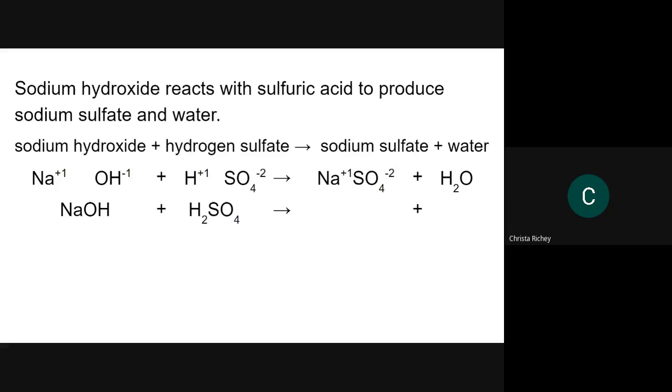Once again, you only need parentheses on a polyatomic if there's more than one. What about the sodium sulfate? Na2SO4. And then it's just water. Is this balanced? No. It's not balanced.